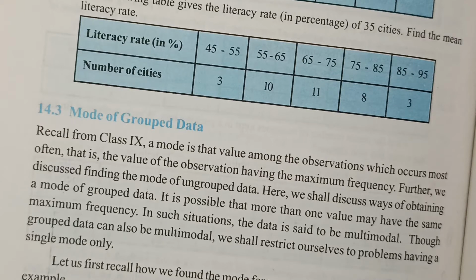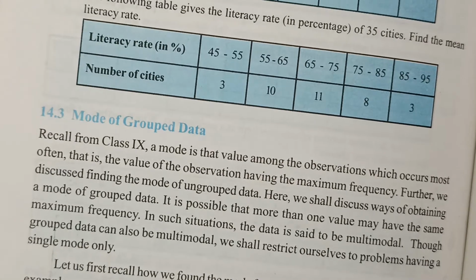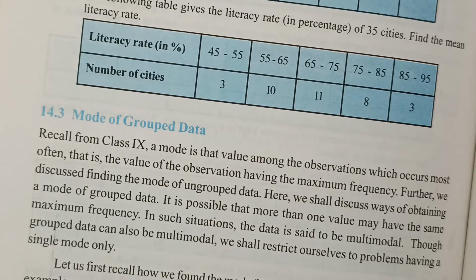But when you are studying grouped frequency, it is not possible. So here we can only locate the class interval where the maximum frequency appears, and that class is called the modal class.